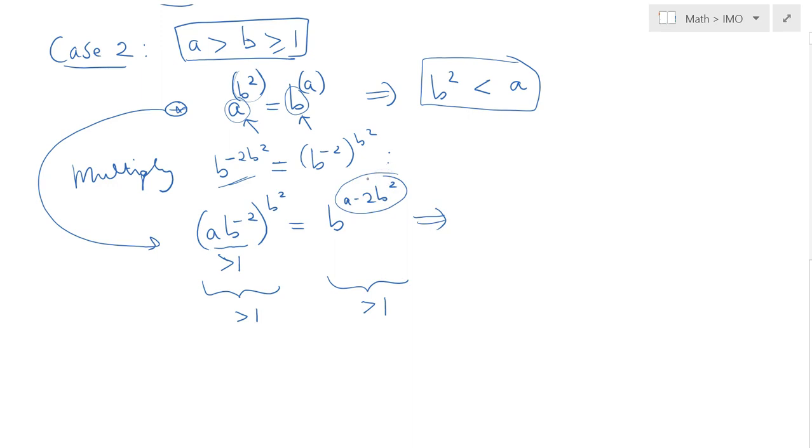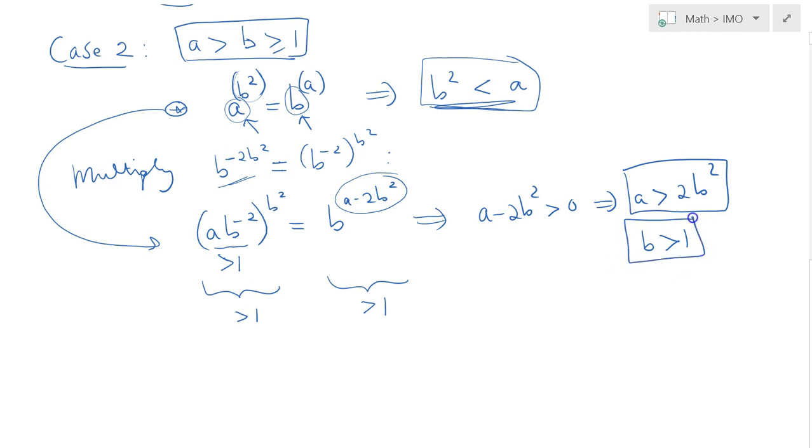So therefore a minus 2b squared is strictly greater than 0, which implies a in fact is not only greater than b squared but also greater than 2b squared when b is strictly greater than 1. Because if b is exactly equal to 1, the right hand inequality will be exactly equal to 1, so that won't work. So therefore we have further refined the bounds and the relationship between a and b.